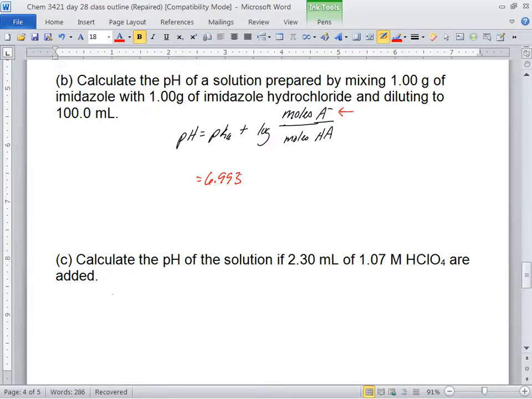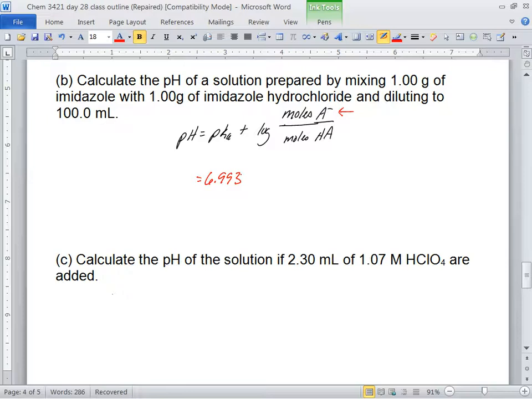Okay, Danielle, how do you get moles? Oh, we looked it up in the table for imidazole. That's the pKa.